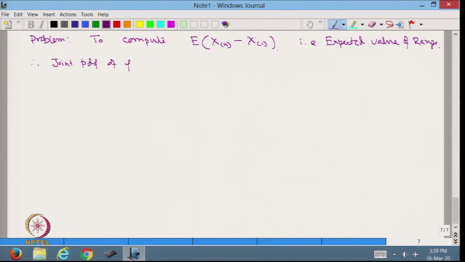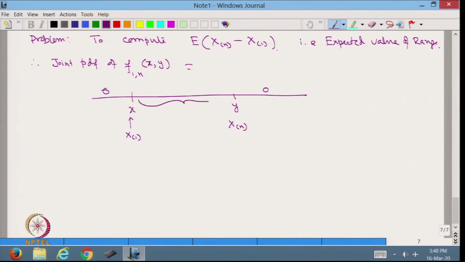the joint PDF of X_1 and X_n at the point (x, y). Therefore, we write in a very similar way: this is x, X_1 is coming here, this is y, X_n is coming here. So, there is nothing on this side, there is nothing on this side, and the remaining n minus 2 observations are here.